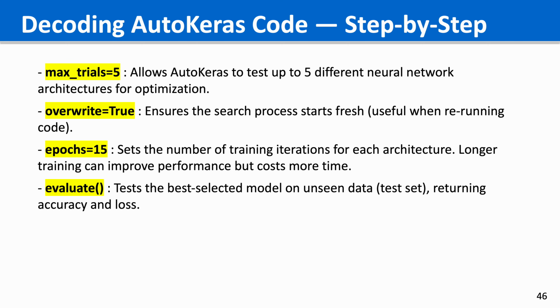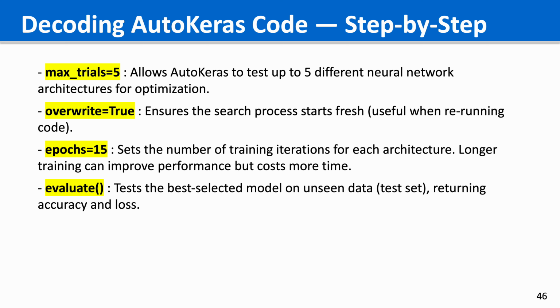Let me unpack the most important arguments you just saw. max_trials controls how wide the search is. If you're just exploring, a small number like 5 keeps things quick, but if you have time and GPU budget, you can turn it up for a deeper search. overwrite equals True tells AutoKeras to forget any previous runs, handy when you're tweaking experiments and want a clean slate.